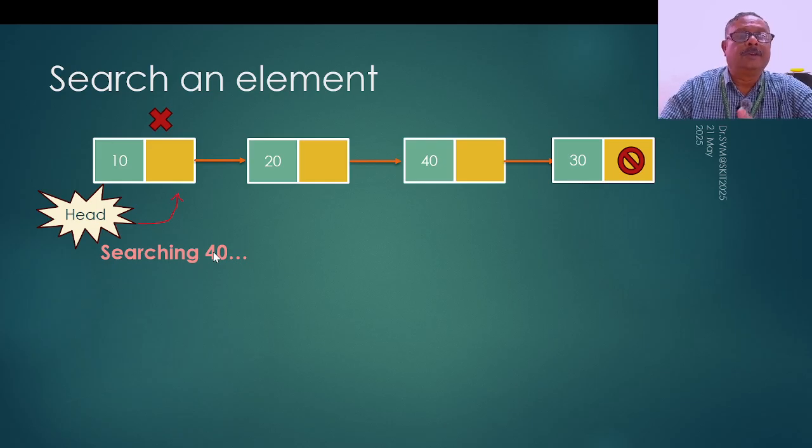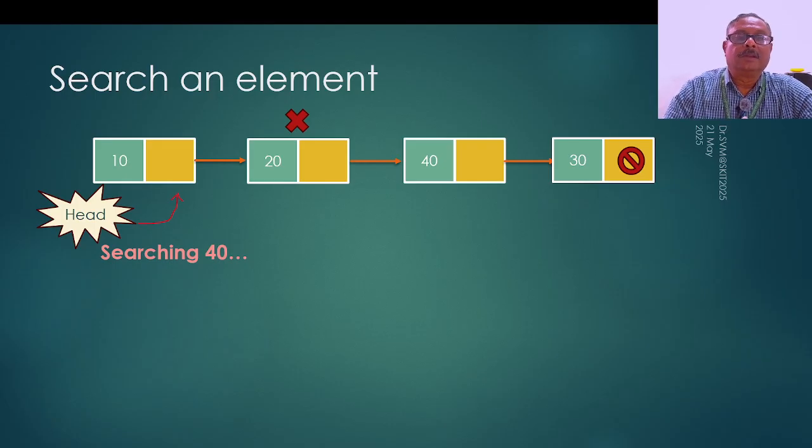Hence we make use of the address where the next node is stored, and using that address we go to the next node and look at the data there, and again realize that this data also doesn't match what we are looking for.